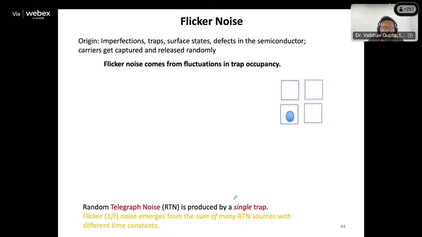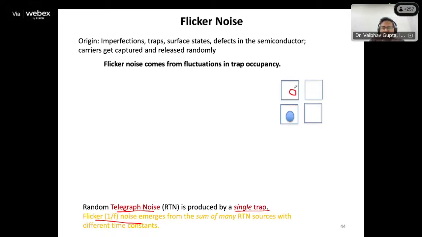If it is happening in a single trap, we usually call it telegraph noise. But if it is a combination of a lot of occupancies all combined together, we call it flicker noise. Remember that flicker noise is frequency dependent. Every trap state has its time constant; the charge can stay there for maybe a nanosecond or picosecond, and after that it goes back and contributes to the current.